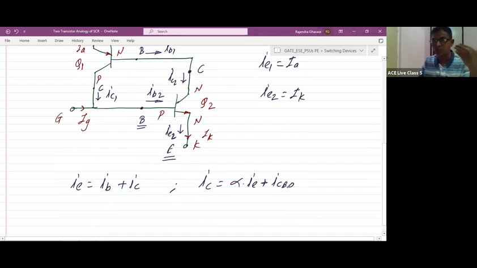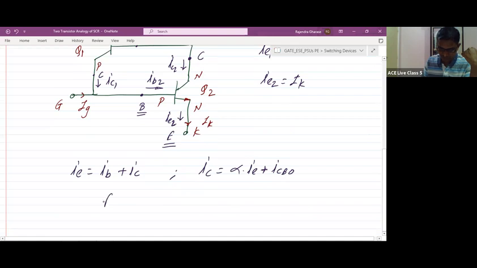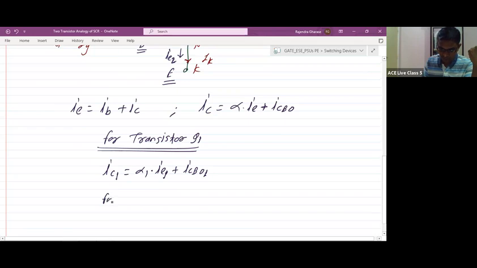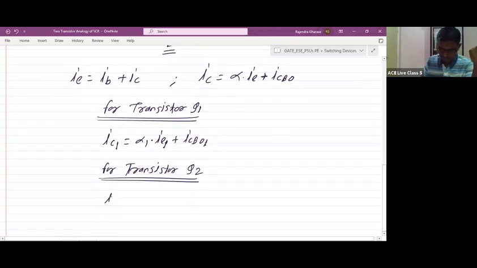Similarly, for transistor Q2 we can write IC2 is equal to alpha 2 into IE2 plus ICBO2.